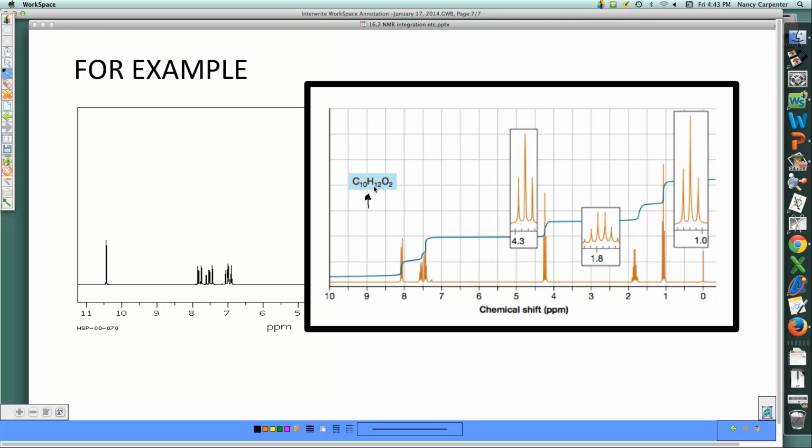It's only got 12, so it's missing 10 hydrogens. This has 5 units of unsaturation, or the index of hydrogen deficiency is 5. An aromatic ring counts for 4. And I know I have an aromatic ring because look at all those signals between 7 and 8.